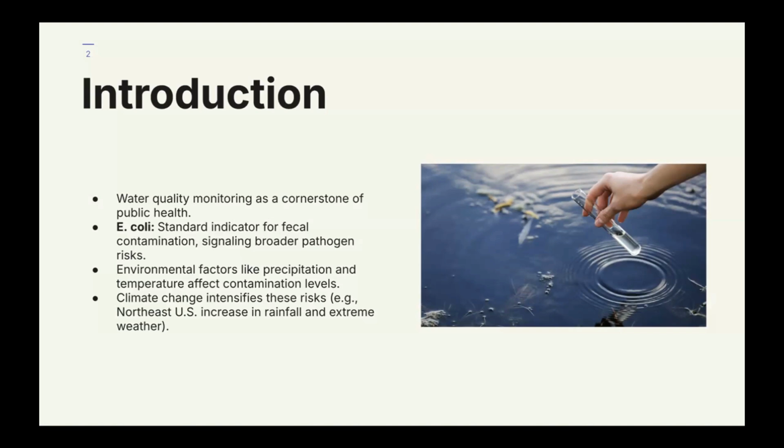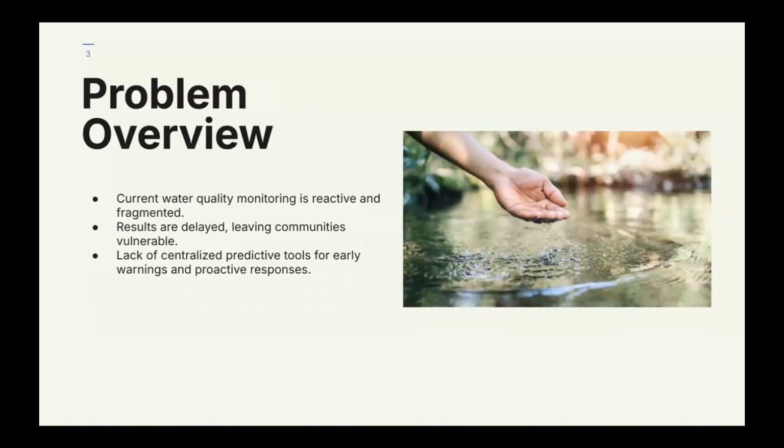And the problem that we saw is that despite the urgency of this issue, our existing approaches to water quality monitoring and management still remain quite fragmented and insufficient because, for one, current systems lack centralized tools and predictive technologies that we need to deliver timely and actionable insights about water contamination events.